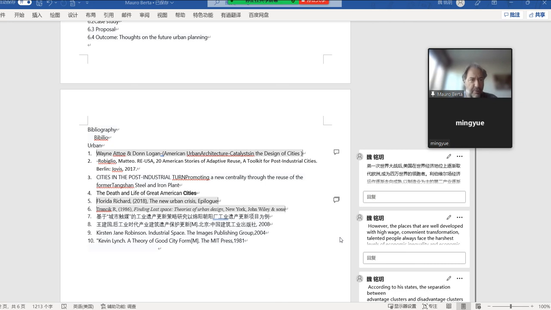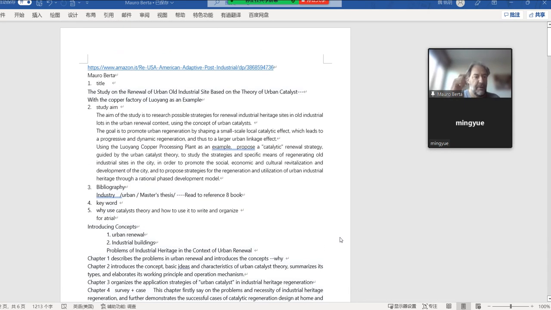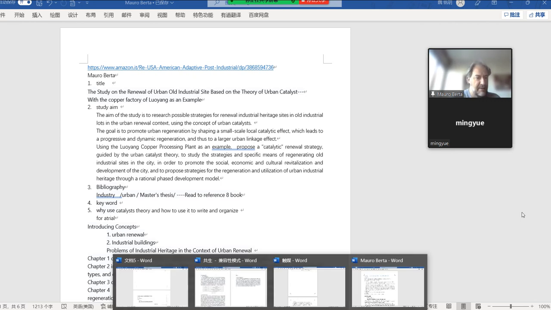So I would like to suggest you this. First of all, you should try to write a long abstract of your research. So try to summarize your research in a couple of pages, trying to use a specific framework. First of all, you should start with the research question. What is your main goal? The study aim.